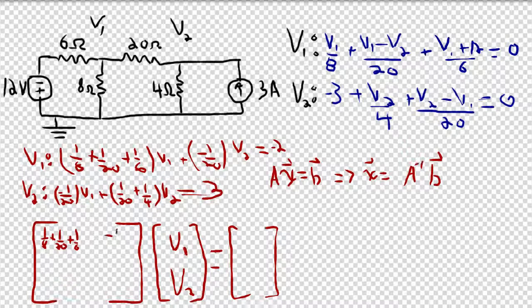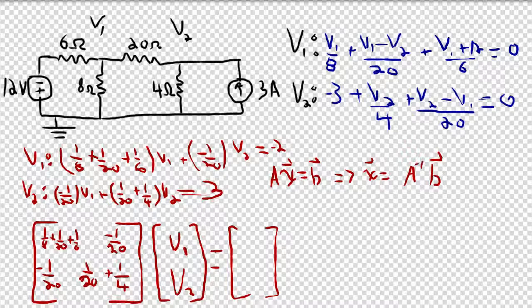And that's negative 1/20th. And so for the bottom row, it's going to be using the second node equation, in which case we have negative 1/20th V1 and 1/20th plus a quarter V2.